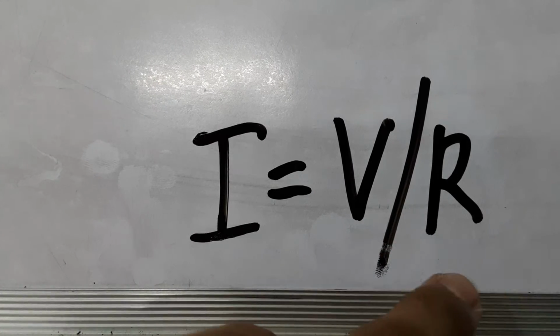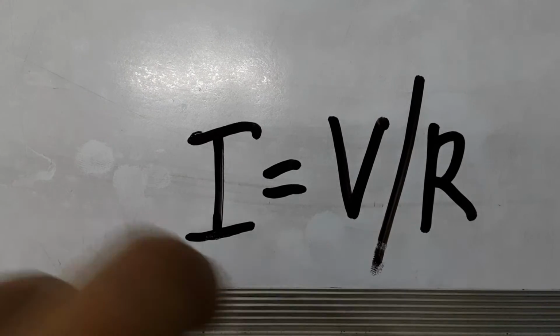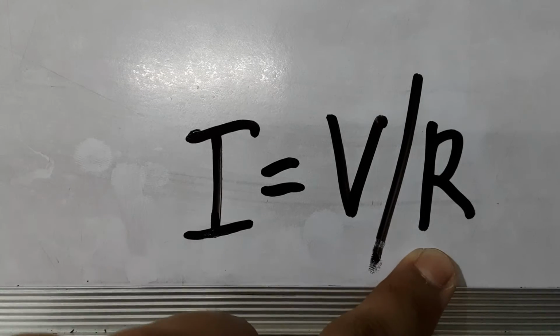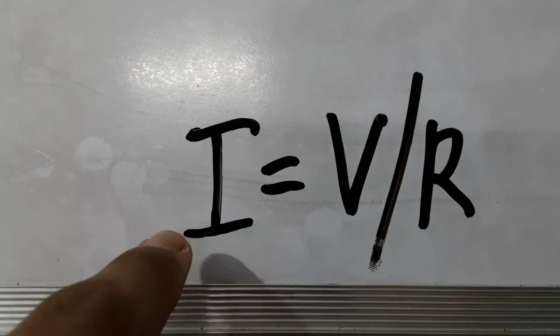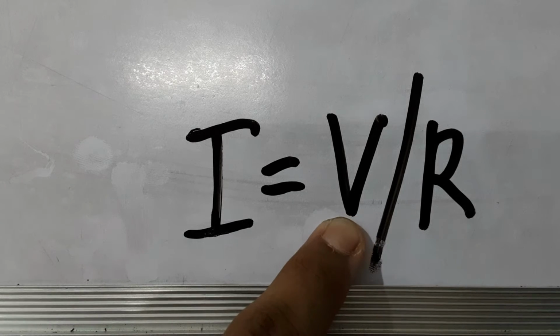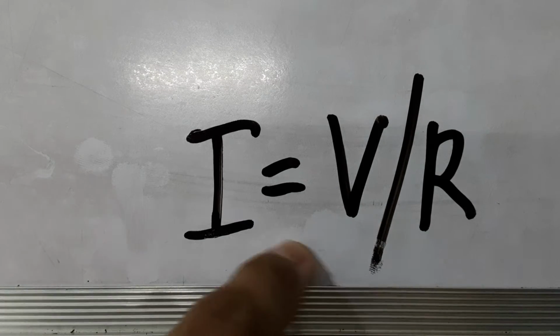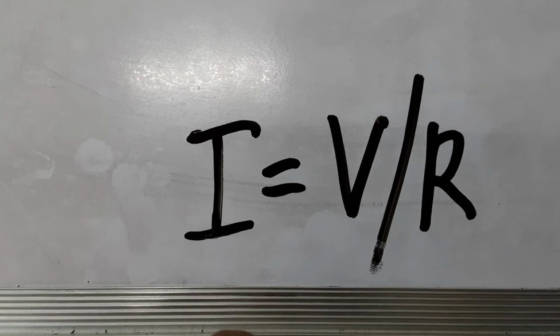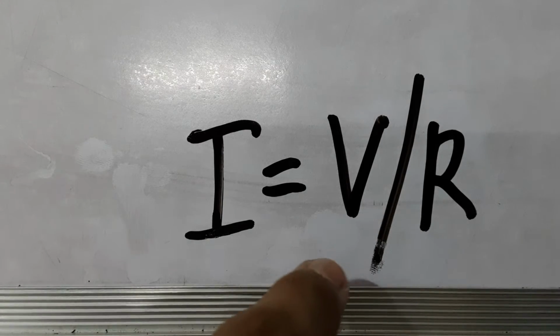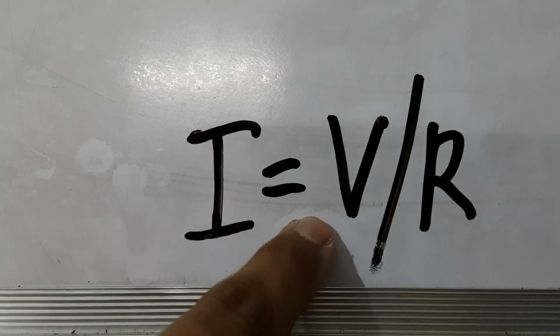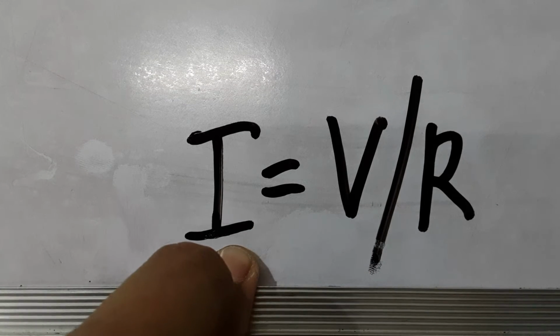So what I mean here is that if the resistance increases, then the current will decrease if the voltage is constant. But if the voltage is varying, if it is changing, then it would affect the current, because voltage is directly proportional to the current.